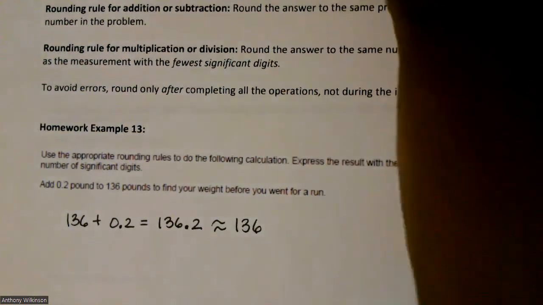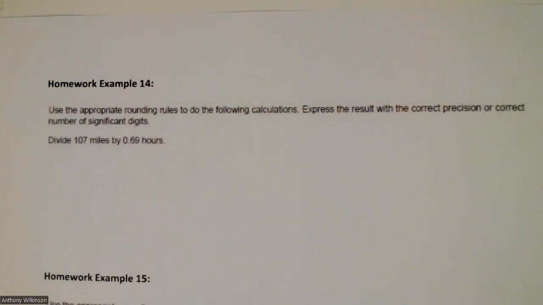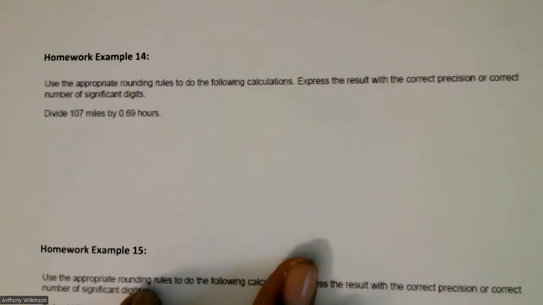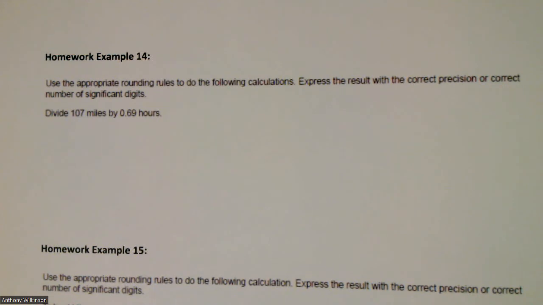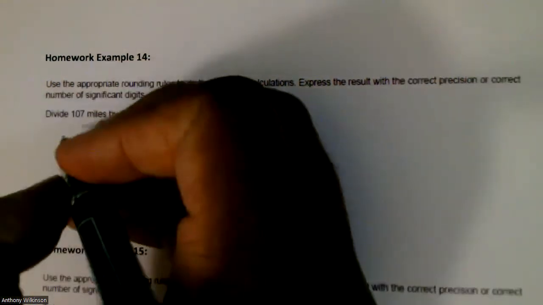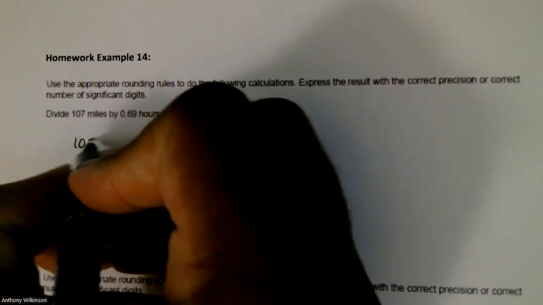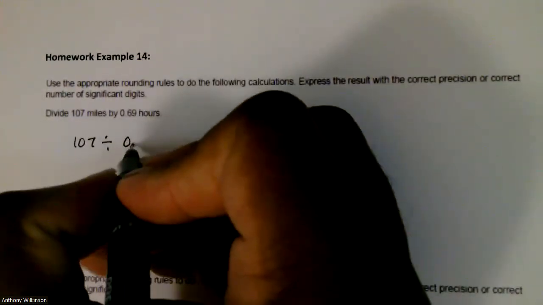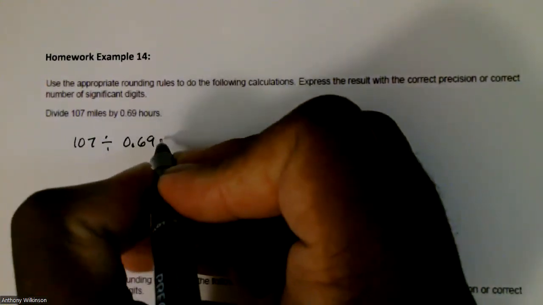All right. And on the last page are examples 14 and 15. We're going to divide 107 miles by 0.69 hours.